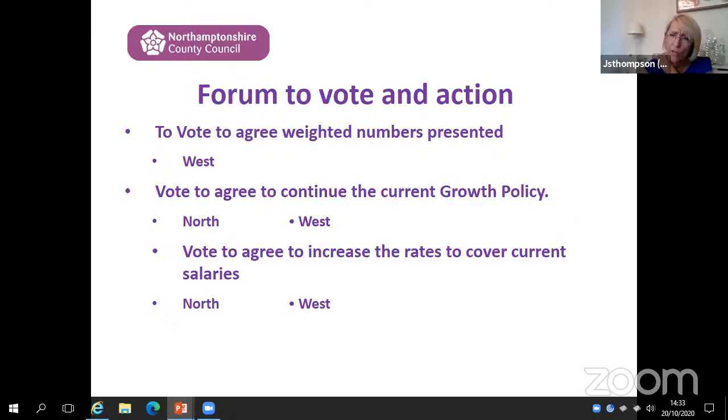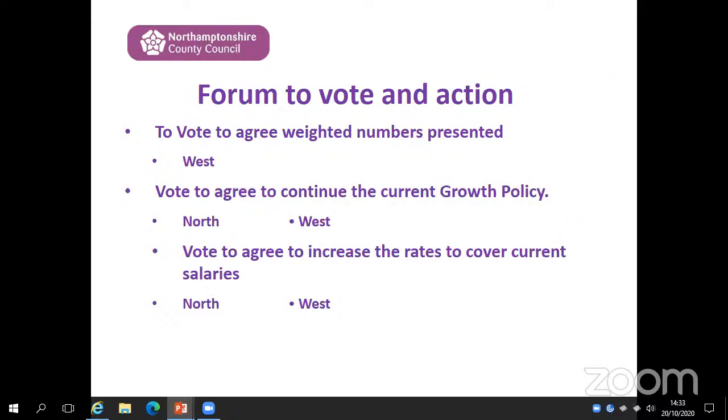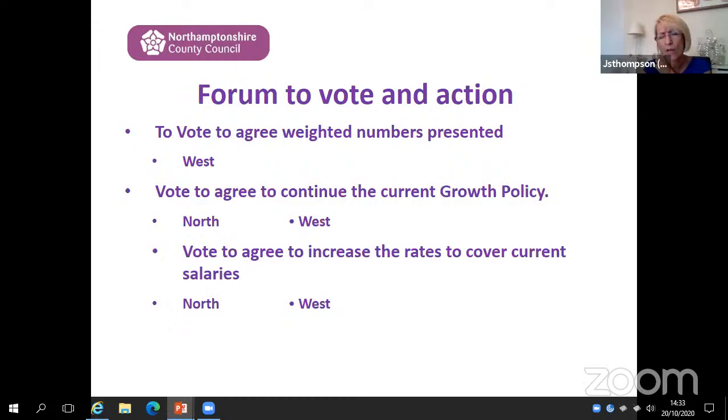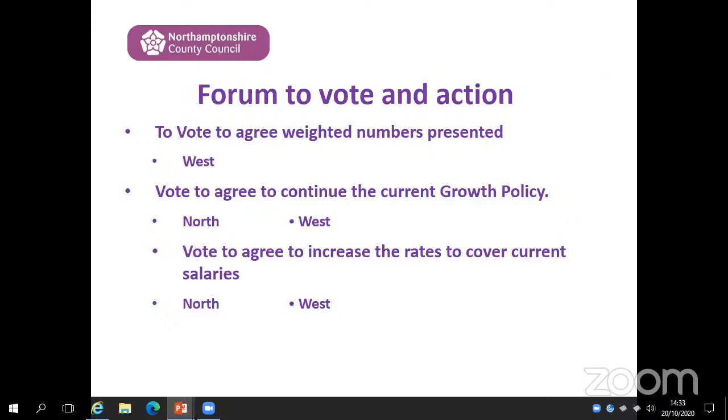Is that not also true, therefore, of a primary school that increases its PAN? Because if you increase your children in reception, you'll get the money the year after. Why would you get growth fund money as well? If you permanently increase your PAN, you're taking on a new year group year on year.